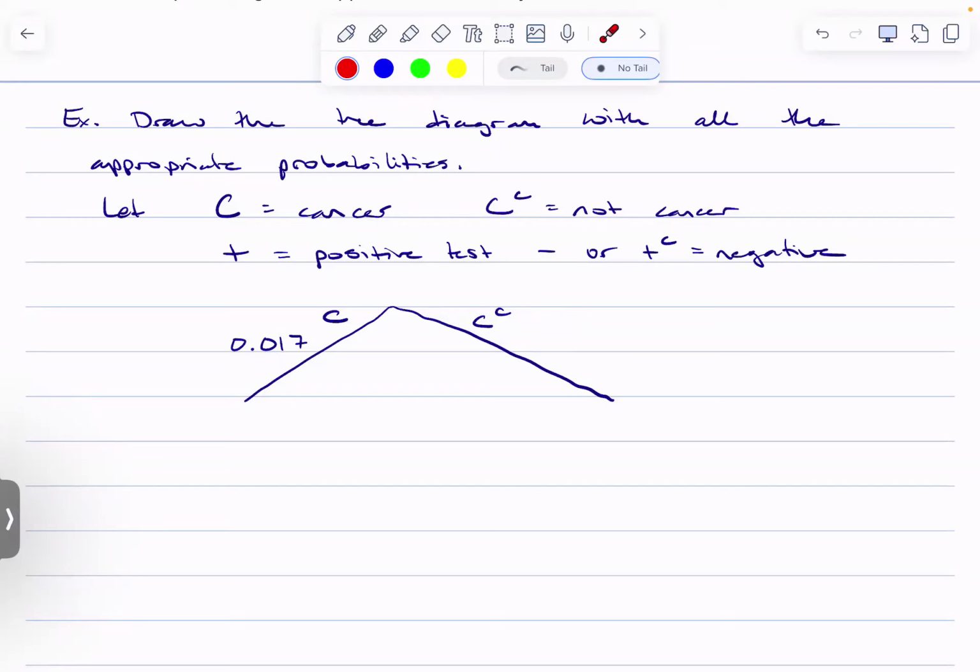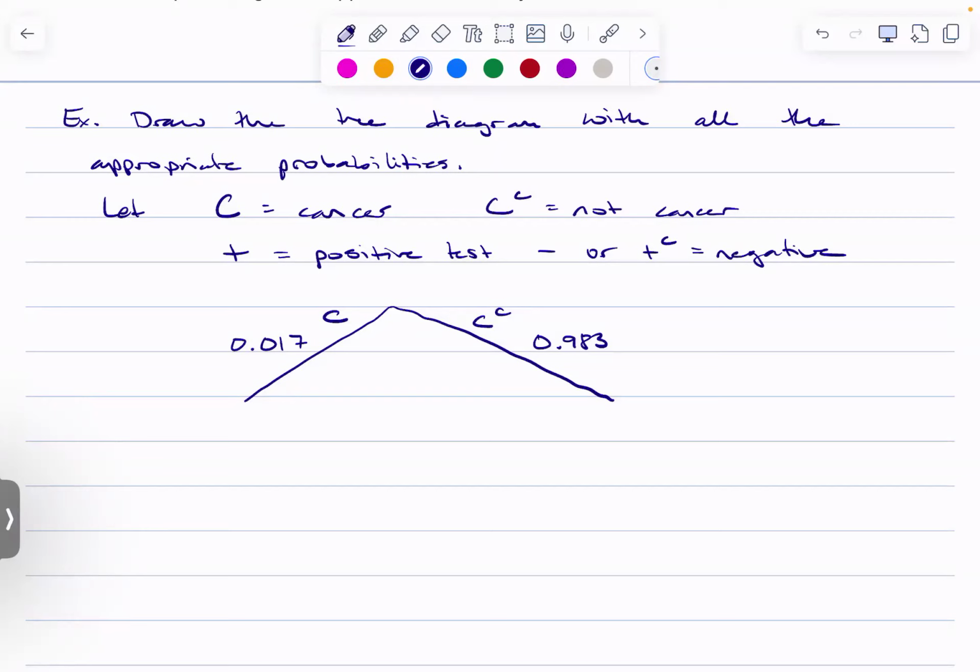I guess this is a specific cancer, but still, 0.983. So there's a very high probability that a randomly selected woman does not have breast cancer. Okay, so that's all I really need to see in that first set of branches.